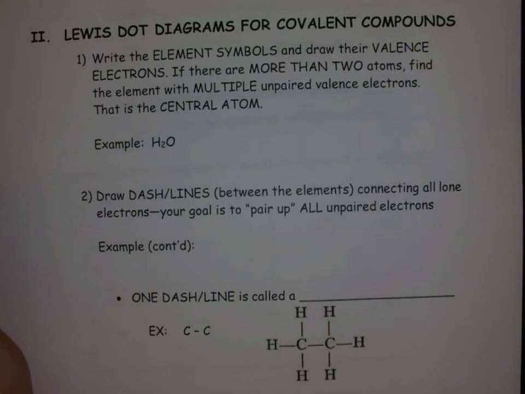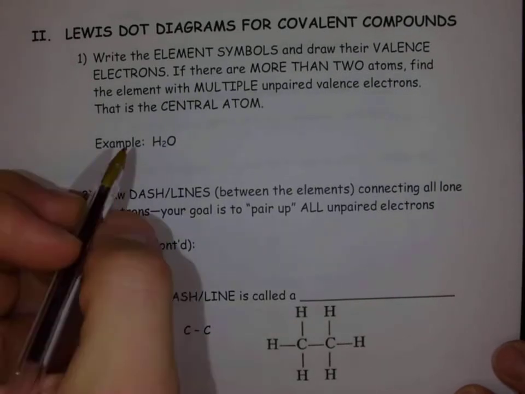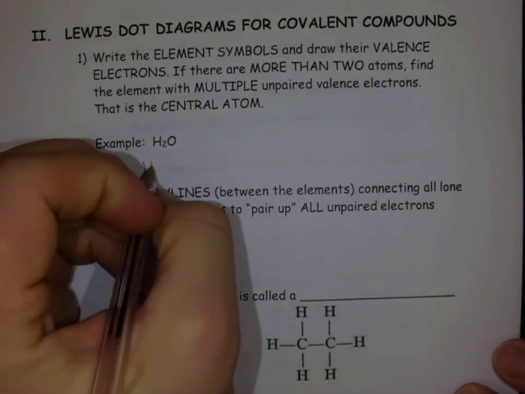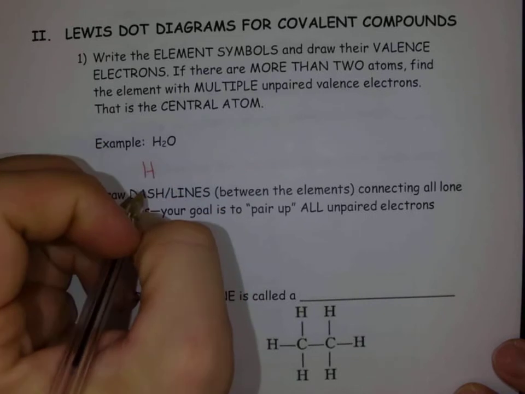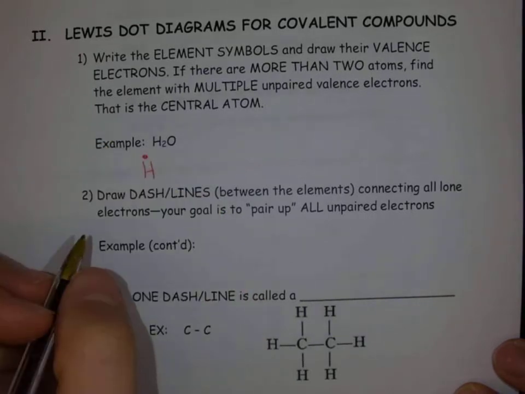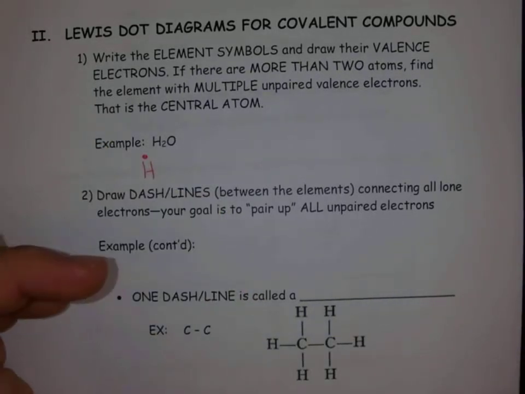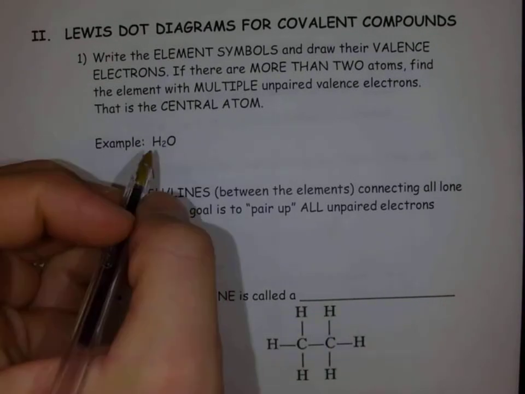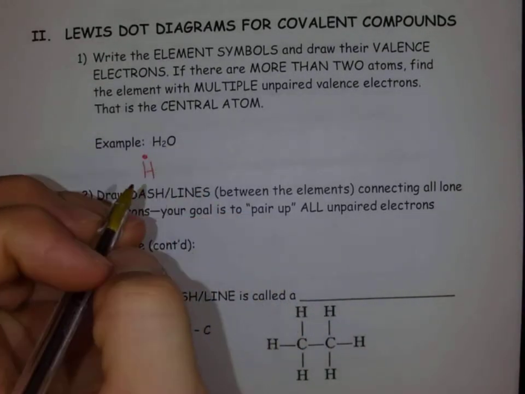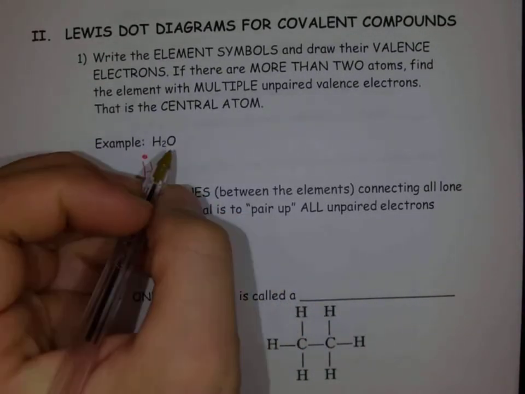So let's start with a simple example. In this case, hydrogen. If I were to just draw hydrogen with its dot diagram, hydrogen has one dot, one valence electron. And really, hydrogen can only have two valence electrons because it's only putting electrons into that first energy level.